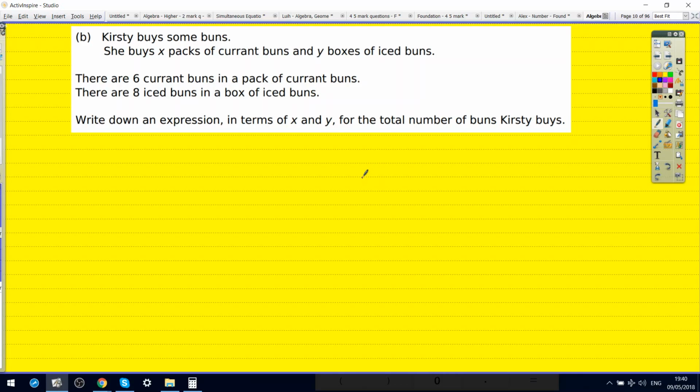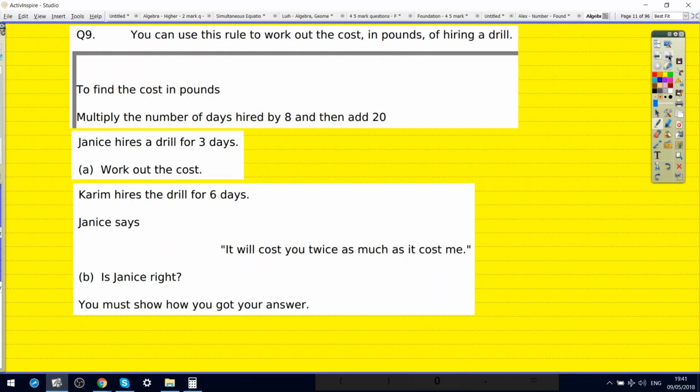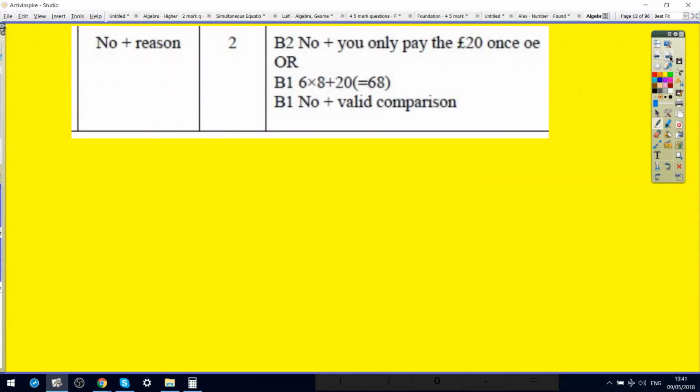Mm-hmm. And I'm not sure what to do after that. So it would be like x times 6 plus y times 8. And so the short way of writing those? Would it be 6x? Yep. Plus? 8y. Yeah, that's it. So it's just putting it into algebra. Okay. I think you'll be fine for that.